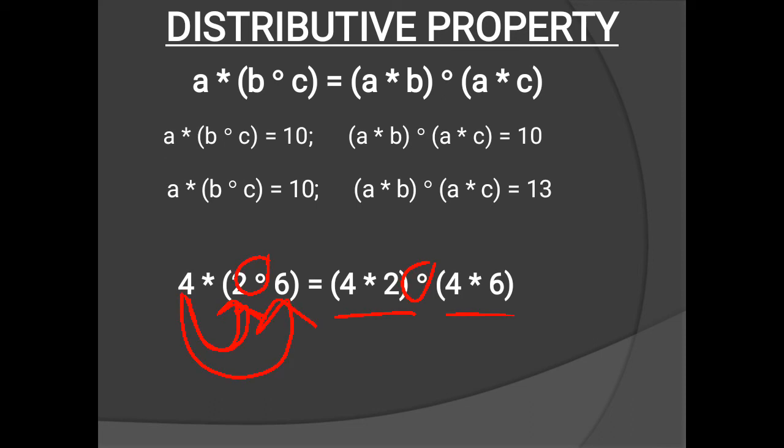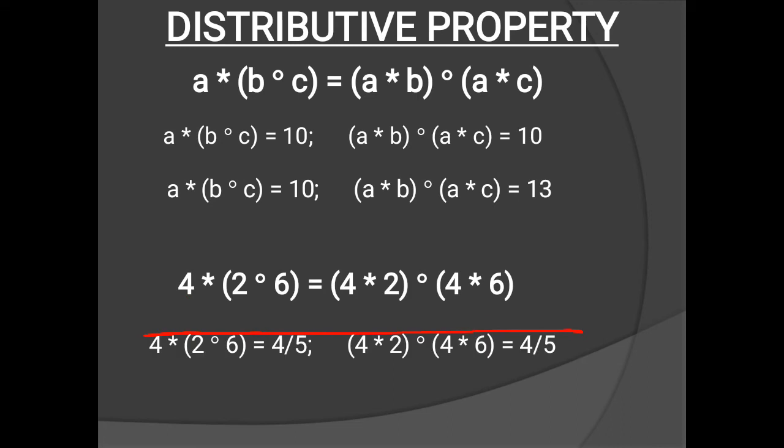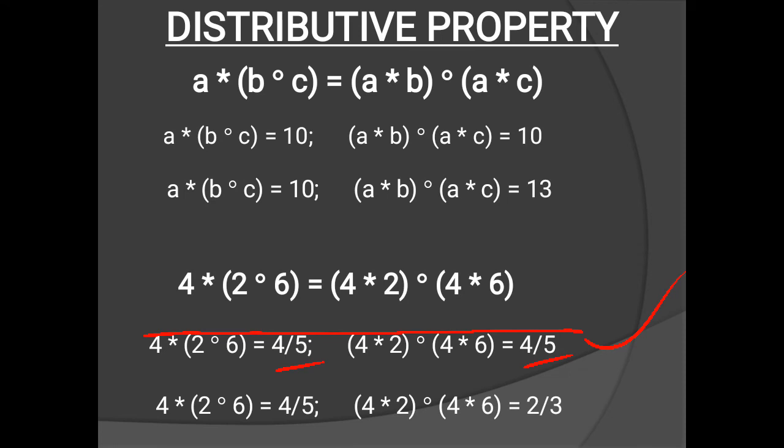That is all, very simple. So if both give me the same answer, say 4 over 5, then it is distributive. But if they don't give me the same answer, say 4 over 5 and 2 over 3, they are not the same, then we say it is not distributive.